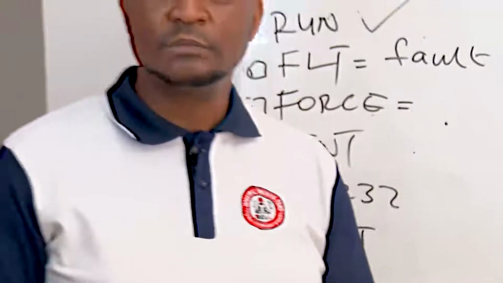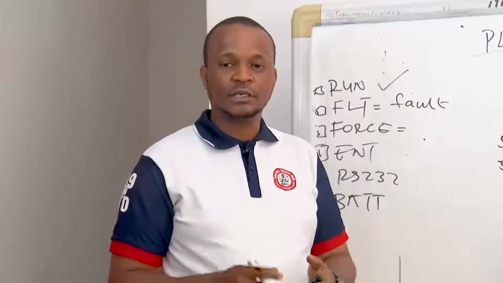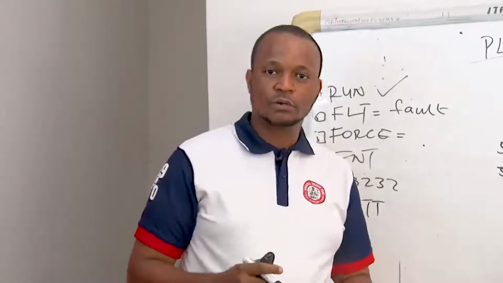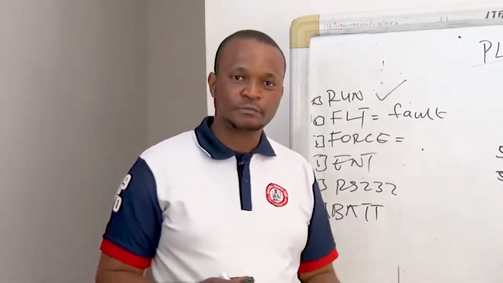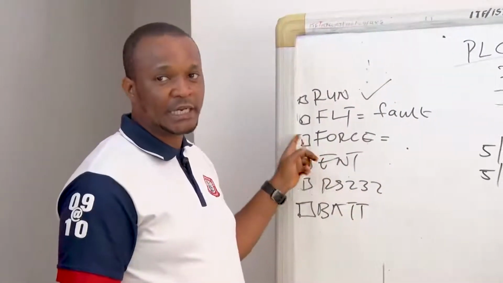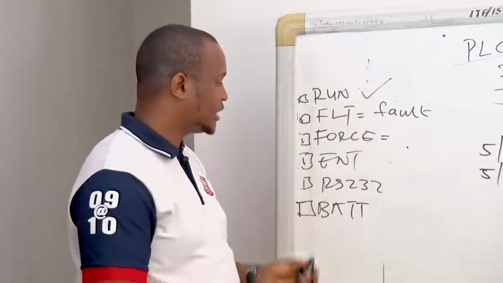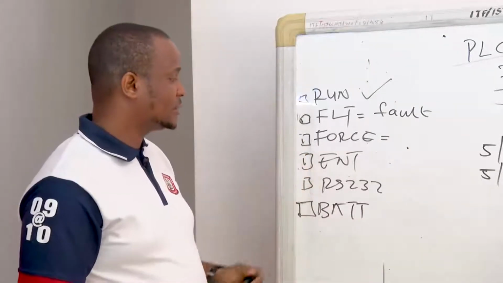Forcing means that you are sending a signal, asking the PLC to actually overlook that device and pretend that it's either switched on or off. So when that is done, this light will come on, meaning that an I/O has been forced and needs to be cleared before further actions can take place.